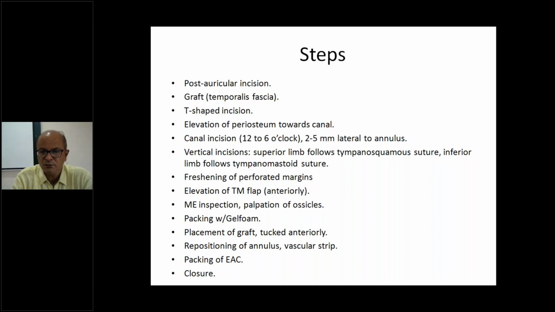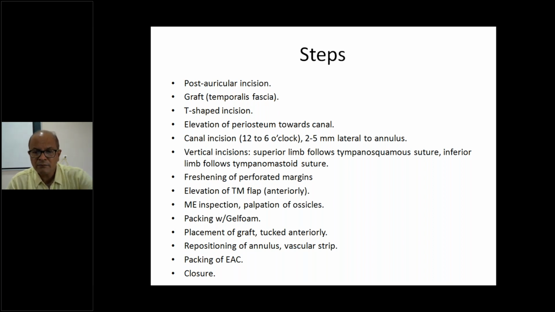So there, you use a special instrument known as the circular knife, and with that you scrape off the under surface of the tympanic membrane, the mucosal surface. By scraping, whatever squamous epithelium has migrated will be scraped out.